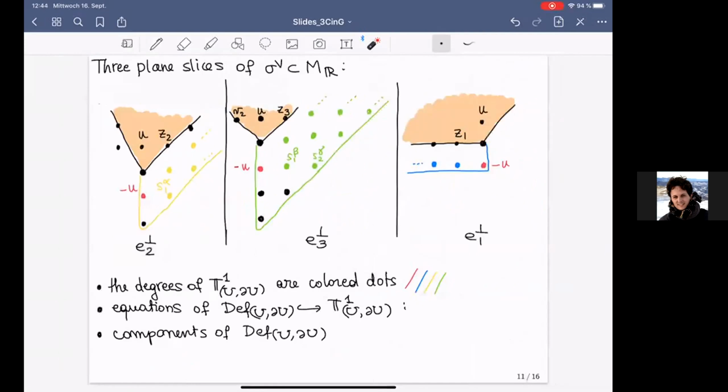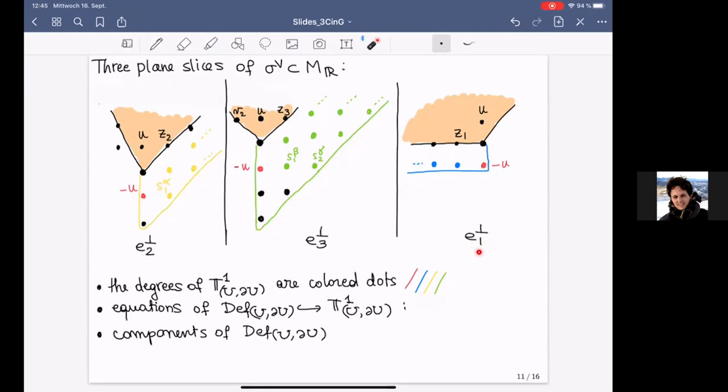Okay, now I want to briefly say something about the deformations of the pair U with the boundary. And here I basically wrote down the pictures of 3 plane slices of sigma dual embedding in the 3-dimensional lattice. I remember that my F had 3 edges, E1, E2, and E3, and now I'm considering the orthogonal of these edges, and these are planes.